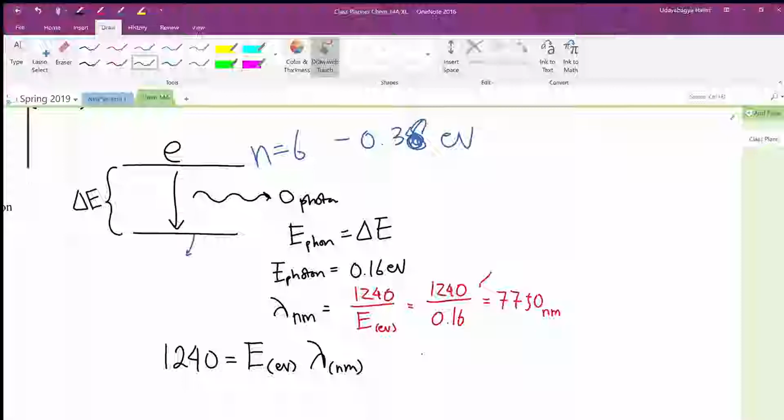And then the energy of n equals 5 is negative 0.54 electron volt. So the difference between the two is 0.16 electron volts. That's where the number comes from. I'm looking at it from the table that we have graphically.